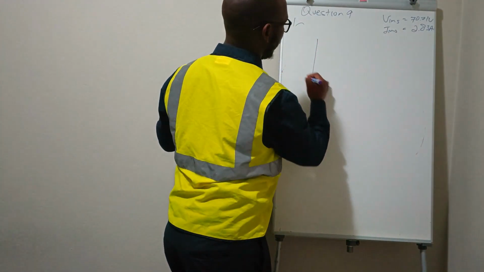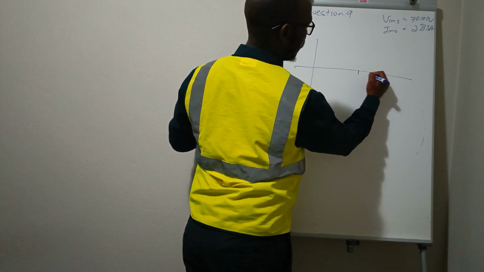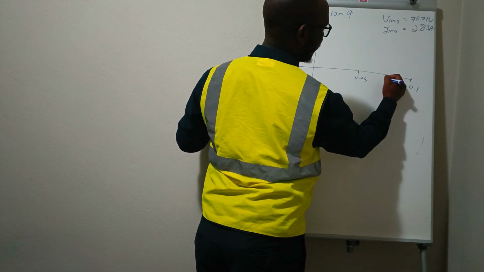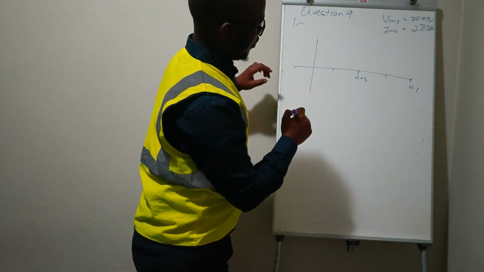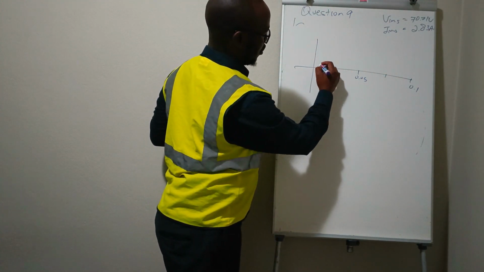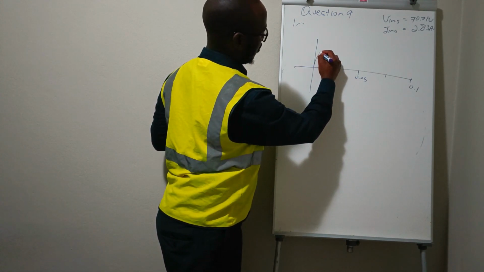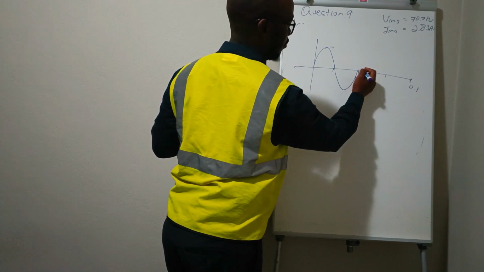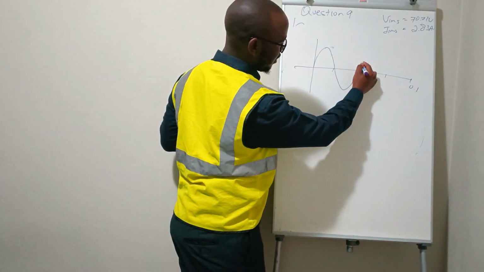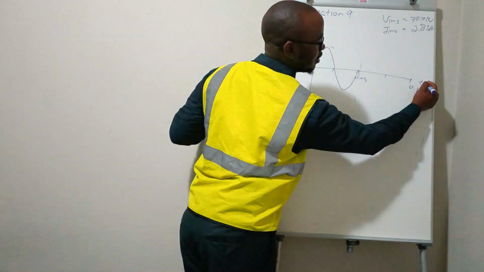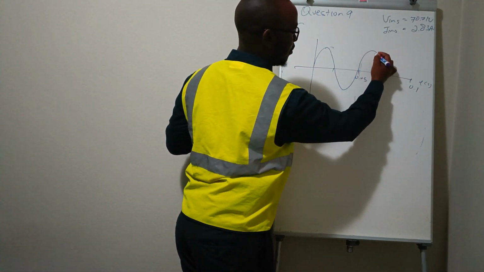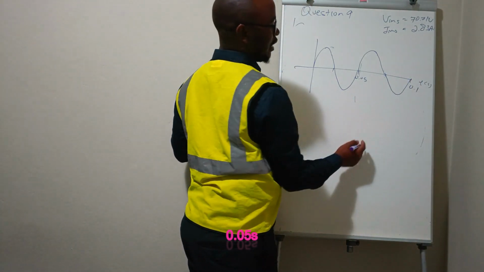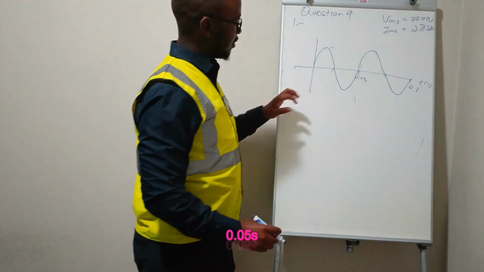So if we have 0.1, 0.05, we're going to have our signal going this way. It's covering the first cycle in 0.5 seconds, if this is time in seconds, and then it's going up, cutting this, and back there in another 0.5 seconds.